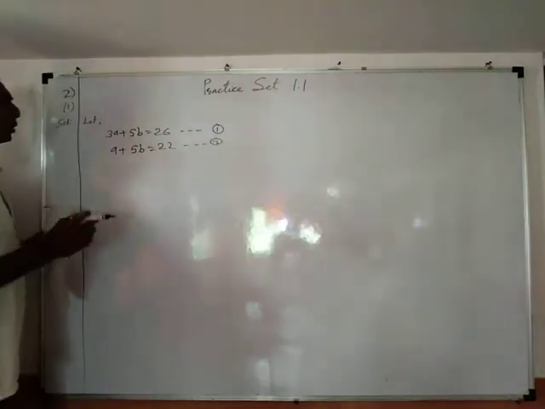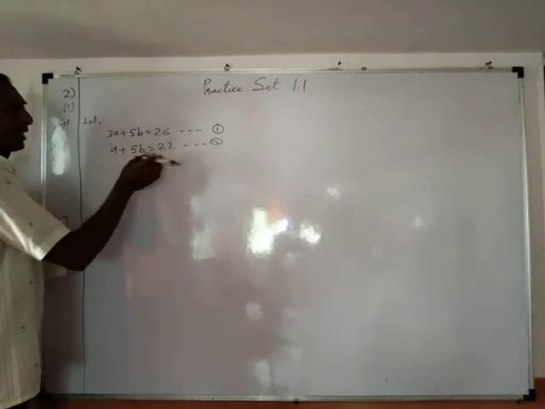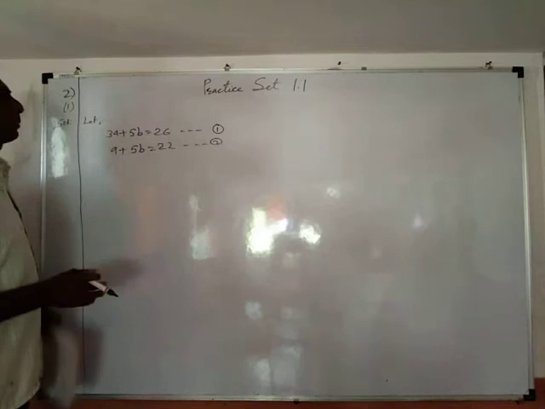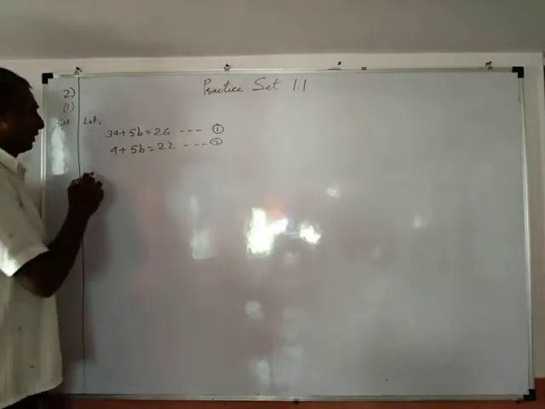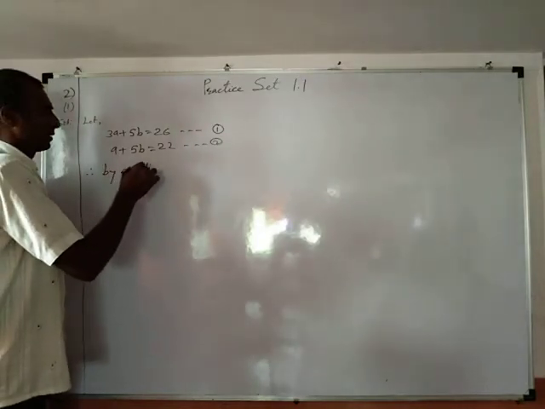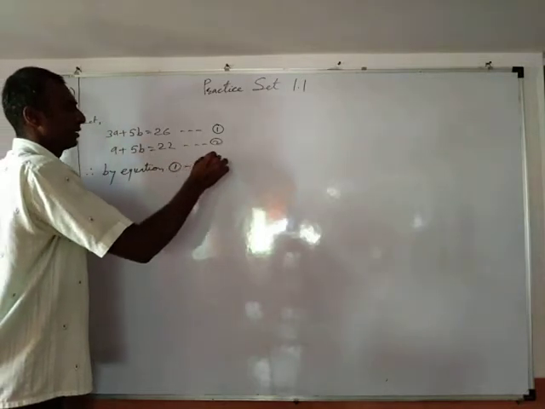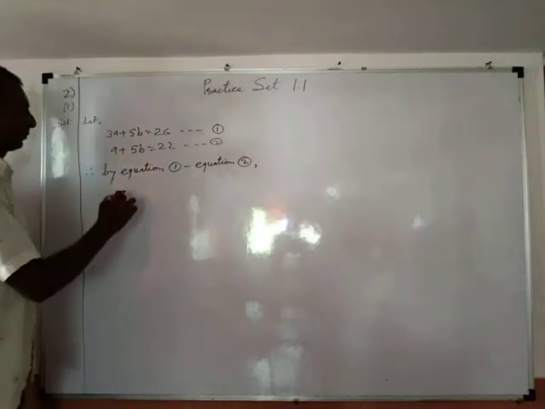Now here you may note the coefficient of b is 5 in the first equation and in the second equation the coefficient of b is again 5. Means by the operation of subtraction we may vanish the term containing b. Therefore, equation 1 minus equation 2. Let's see what we get.